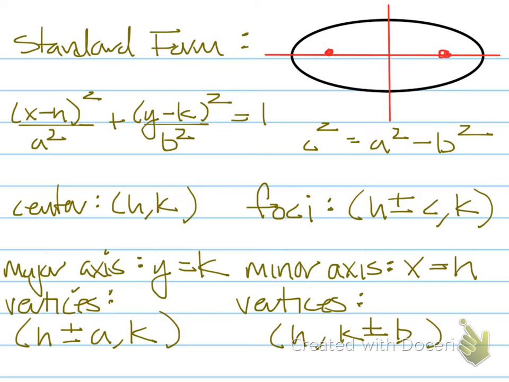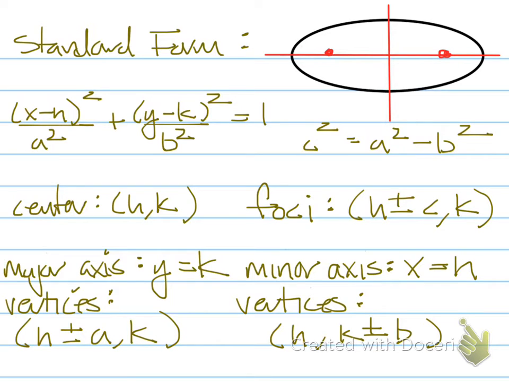Whenever the ellipse's horizontal dimension is longer than the vertical dimension, then the bigger denominator will be under the x squared term. Center is just h comma k. The foci will have the same y coordinate as the center, and the x coordinates will be plus and minus.